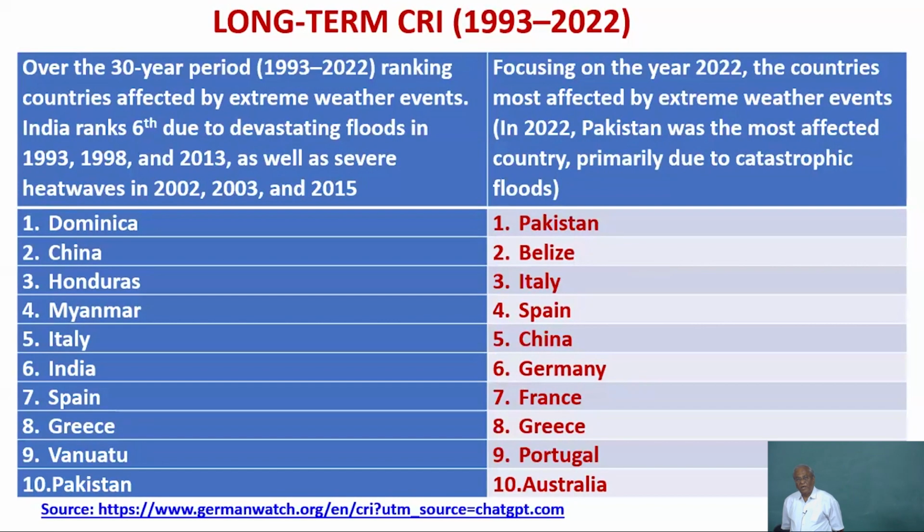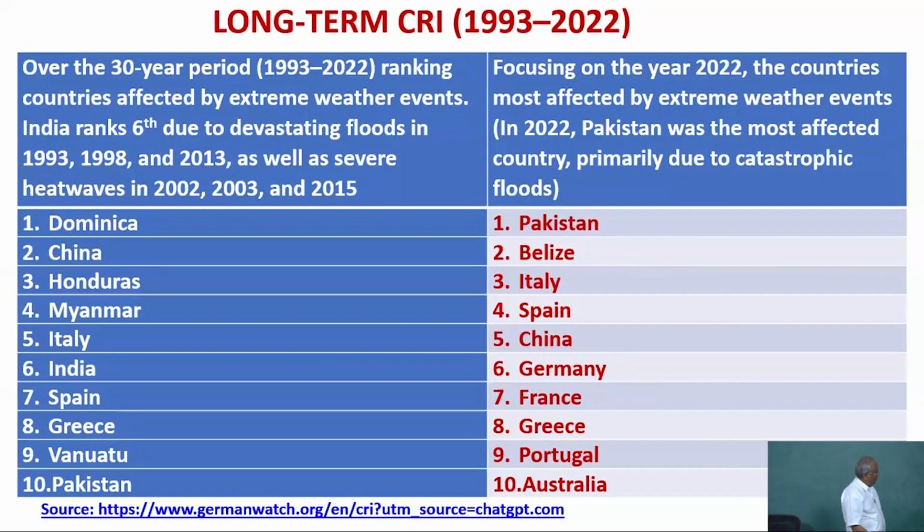So, long-term CRI, I have already explained what CRI is. There is long-term and short-term. When you look at the long-term, you get a more realistic picture, whereas the short-term may carry a kind of bias, because it may be valid only for that year. For the next year, the entire scenario may be changing.